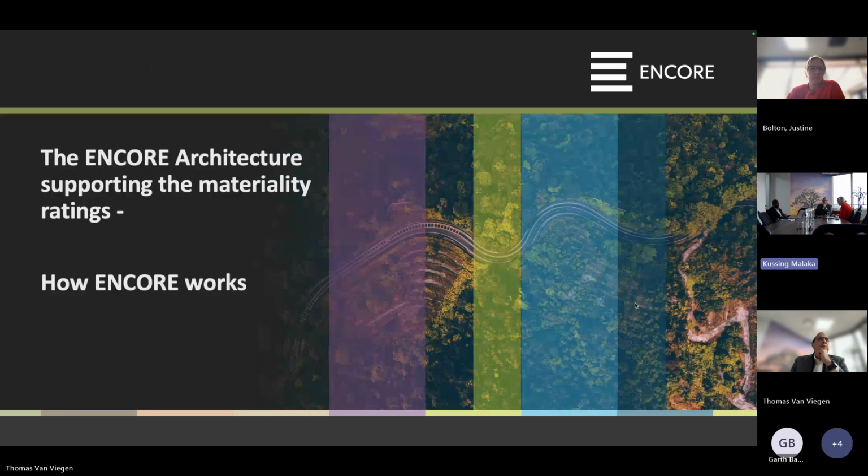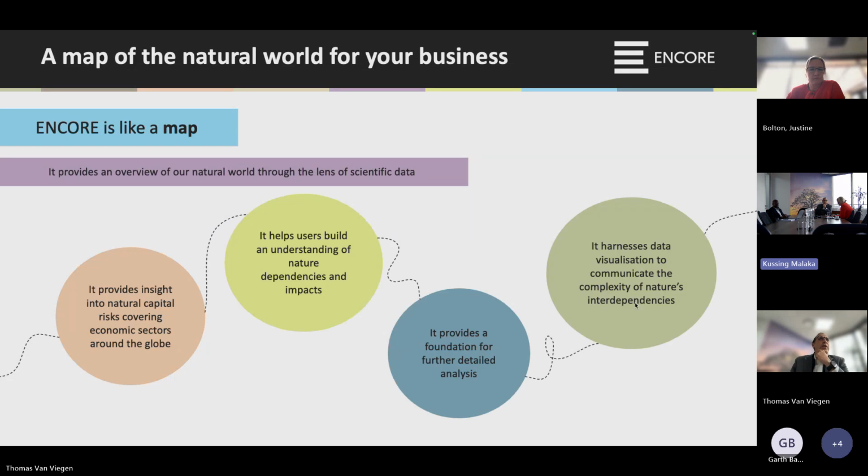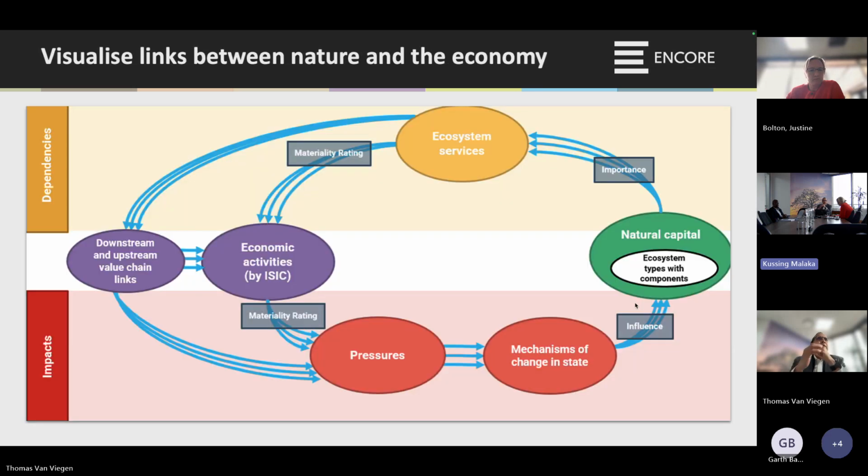I'd like to get to this part where I'll show you what the Encore architecture looks like. So it's almost like a bit of a roadmap. This will also be available to you. But just looking at the architecture, this was the new development of Encore.